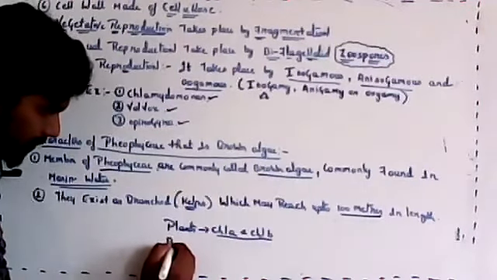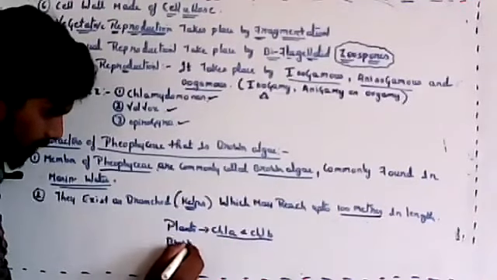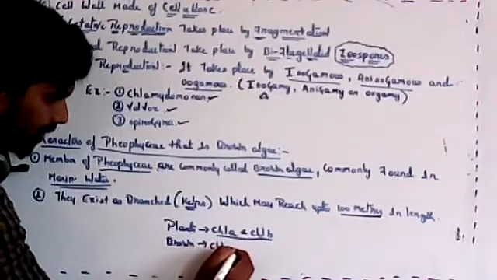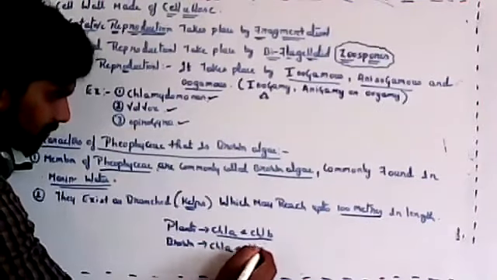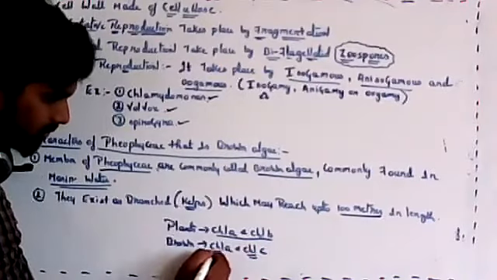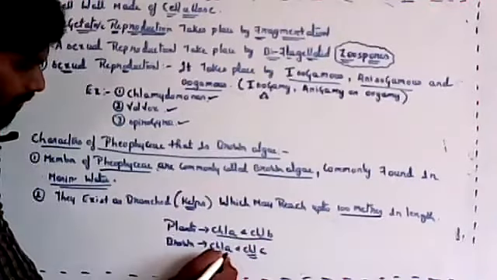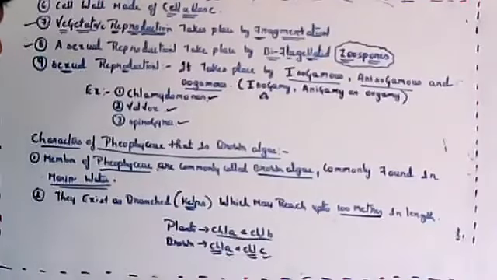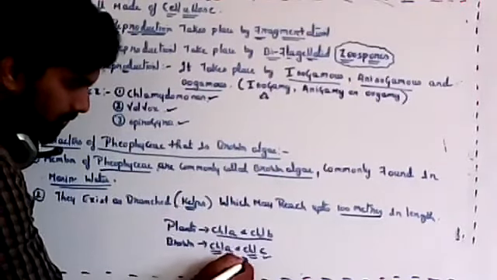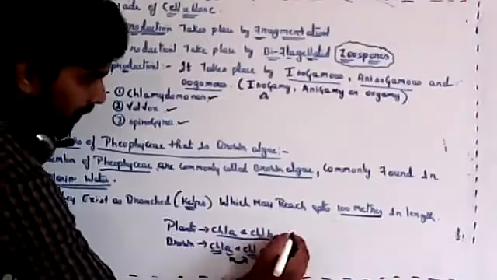In brown algae, the color is brown because of the pigments chlorophyll A and chlorophyll C. The combination of both will give it a brown color.